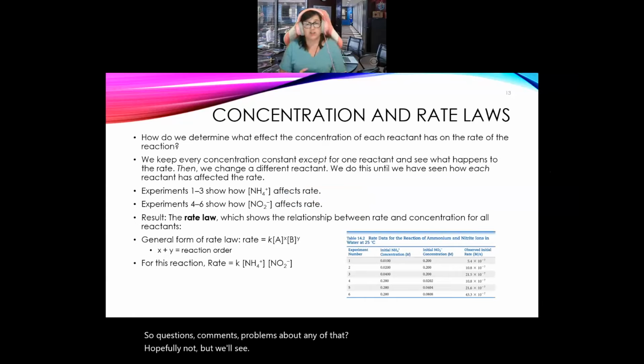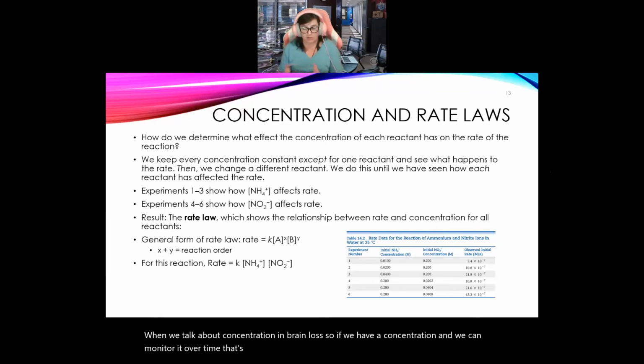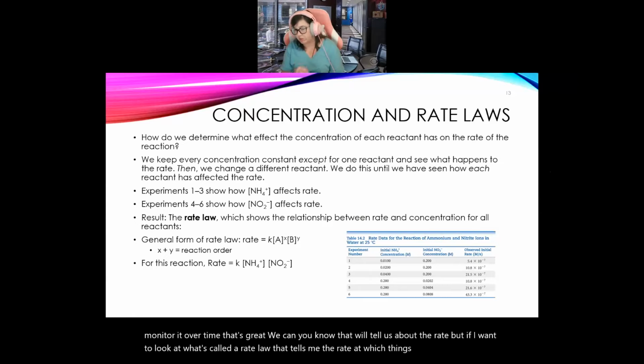When we talk about concentration and rate laws, if we have a concentration and we can monitor it over time, that's great. That'll tell us about the rate. But if I want to look at what's called a rate law, that tells me the rate at which these things change based on the concentration of each material.